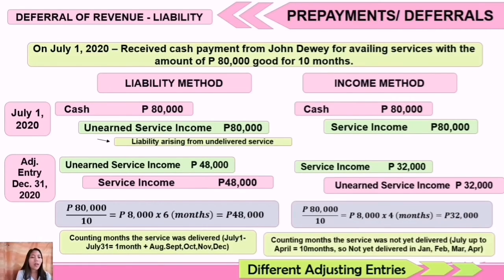So for that, we have 80,000 divided by 10, 8,000 times 4 months because since this is a 10-month transaction, July up to April, we can finish the transaction in April the following year. So we have already delivered until December. So we still have January, February, March, April, 4 months, the remaining months. That's why we use 4 months, so 32,000.